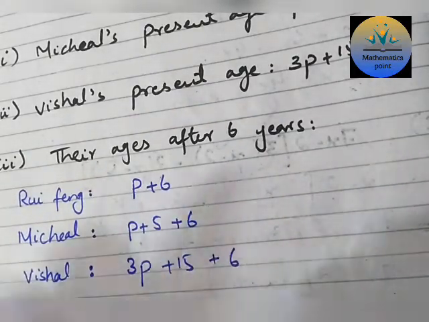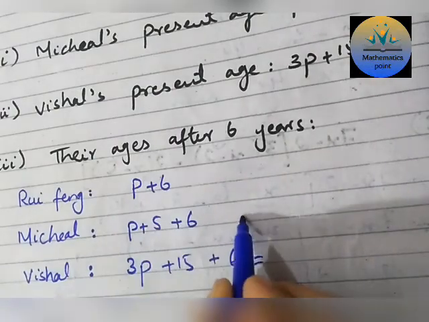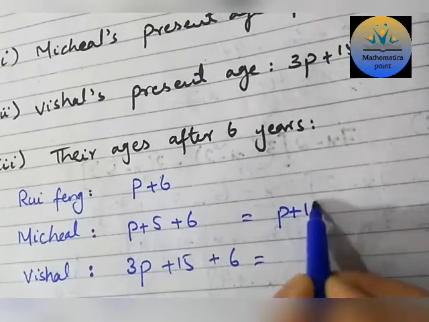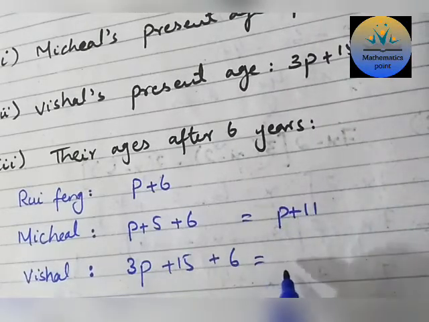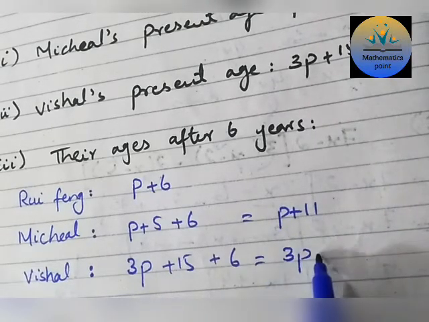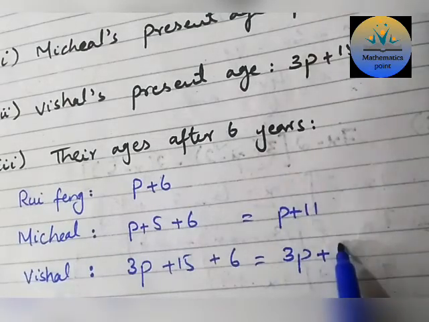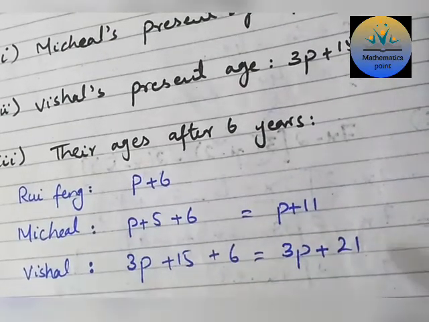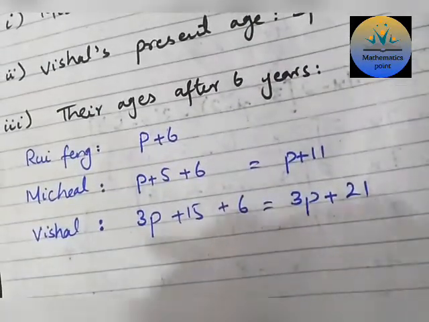Now we just have to simplify the terms. This will become p plus 11. This will become 3p plus 21. Yes, 21. Now we sum up their ages.